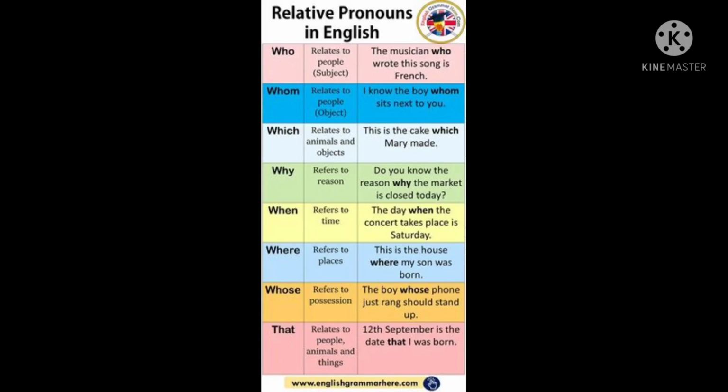For example, the woman who called yesterday wants to buy the house. In this sentence, who refers to the woman, and she called yesterday and she wants to buy the house. Therefore, in this sentence, who refers to the woman.